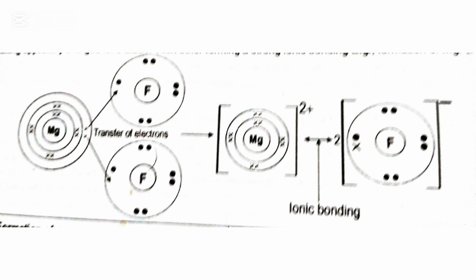Now the result is a magnesium ion with 2 positive charges and 2 fluoride ions with a negative charge each. Therefore, the attraction between the positive charges and the negative charges of magnesium and fluoride encompasses the ionic bond as shown. So you can see the point where the ionic bond is formed.